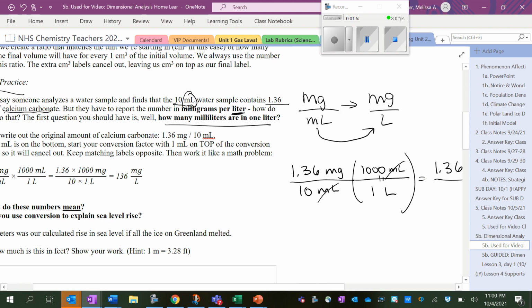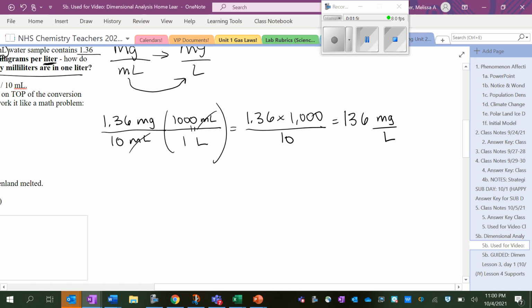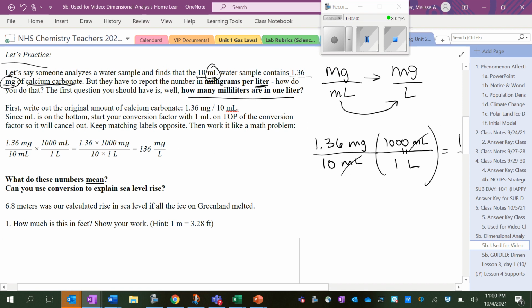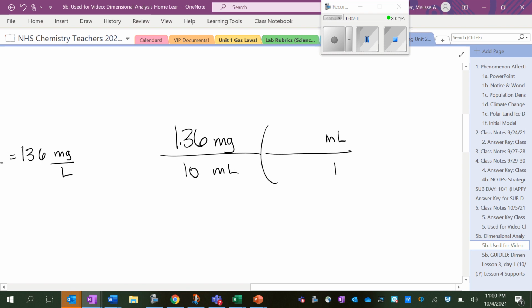So the way that you can easily do this is start by writing what you've got, which is, here I'm going to go off to the side, 1.36 milligrams for every 10 milliliters. Okay. And we know the conversion from milliliters into liters. This is a sideways equal sign because it said there are 1,000 milliliters for every 1 liter.